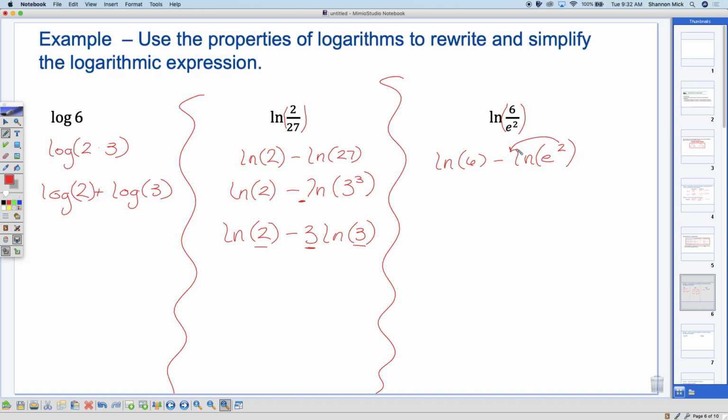And we need to get 2 and 3 from the 6. So I have the natural log of 2 plus the natural log of 3. Wait, why isn't it minus? No, we're just right here. Oh, okay. Minus 2 natural log e.